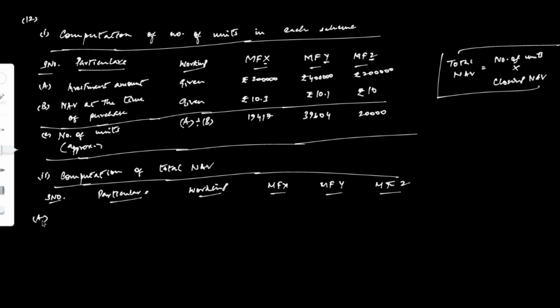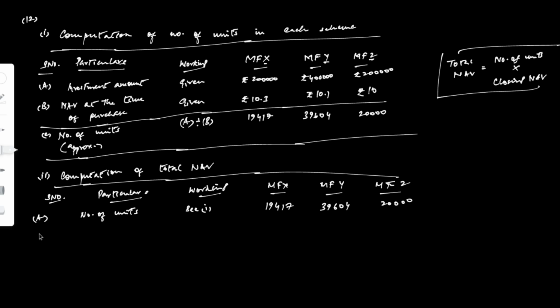A, number of units, is C from the first bit. Values are 19417, 39604, and 20,000.